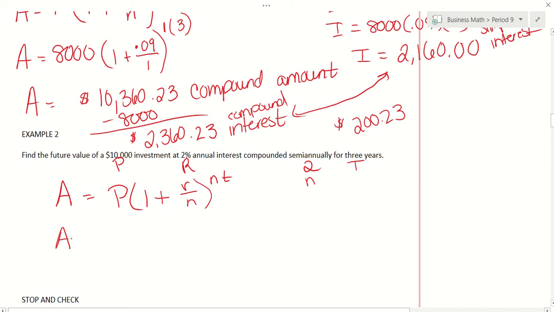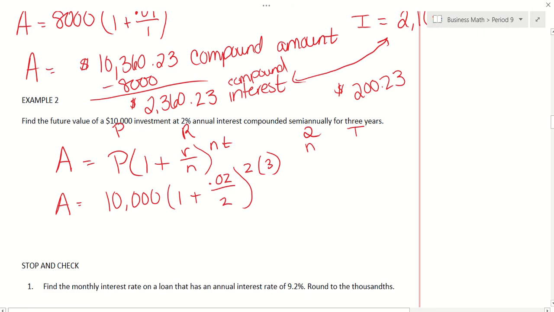We plug this in. Principal 10,000. 1 plus rate 0.02 over N, which is 2, to the N times T, which is 2 times 3. So I'm just substituting all my numbers into the formula. Type this all in my calculator. You can put this all in your calculator at once.